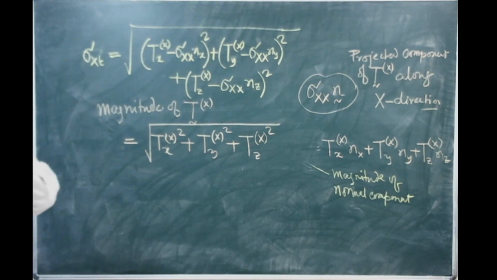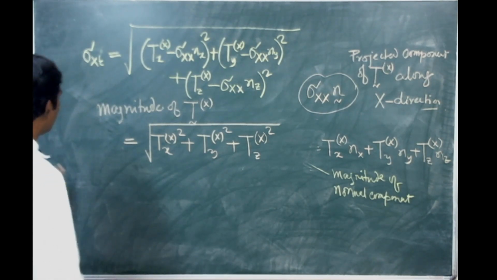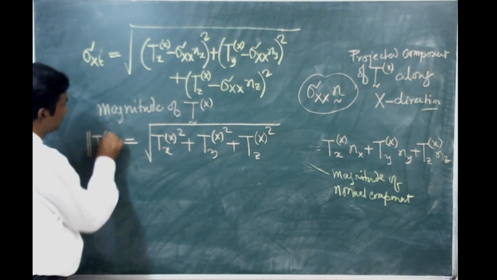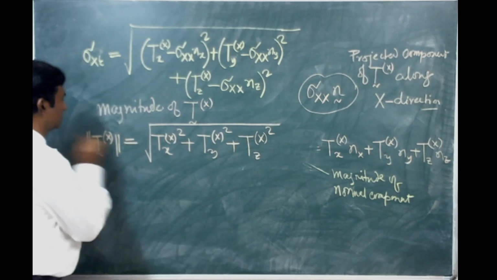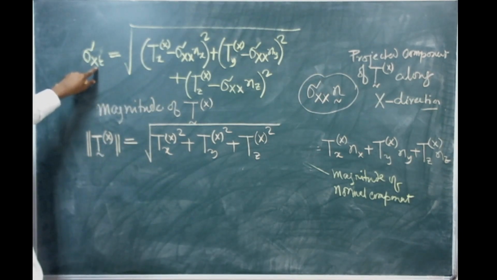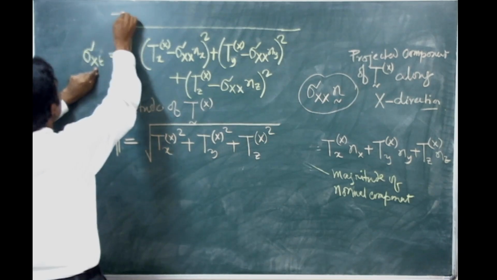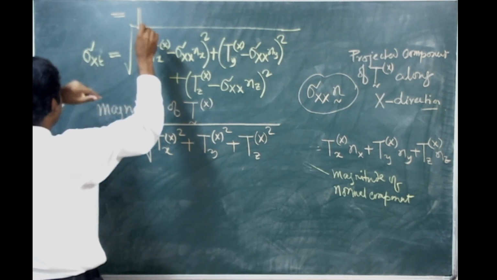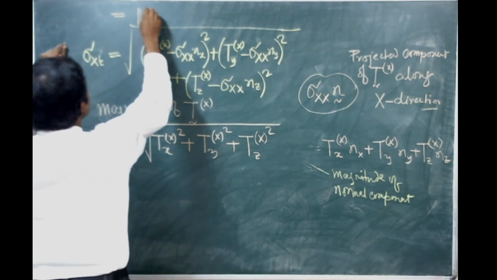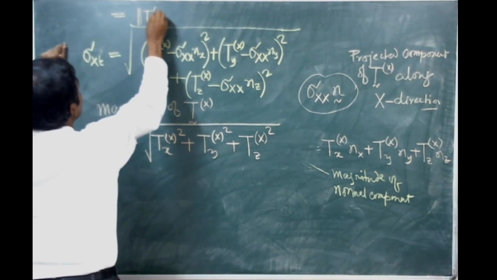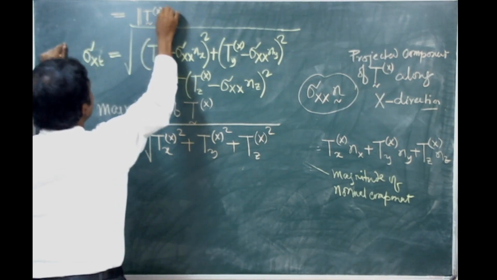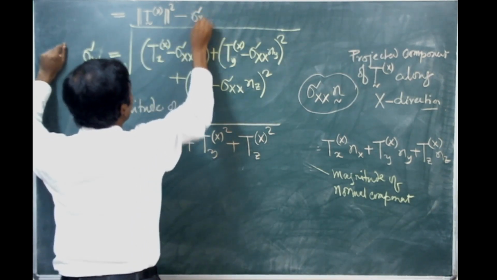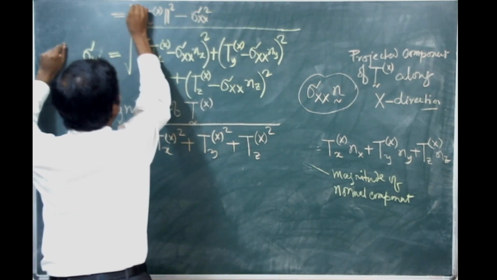So this tangential component can be written as the square root of the magnitude of T x squared minus sigma xx squared.